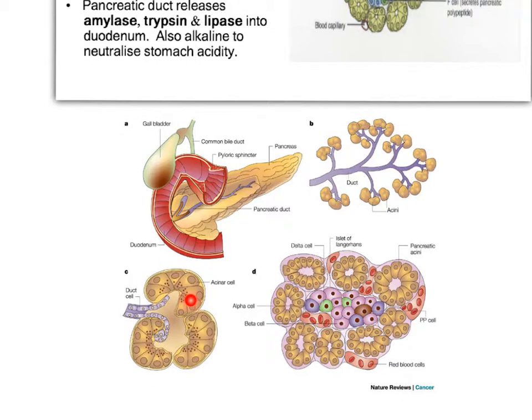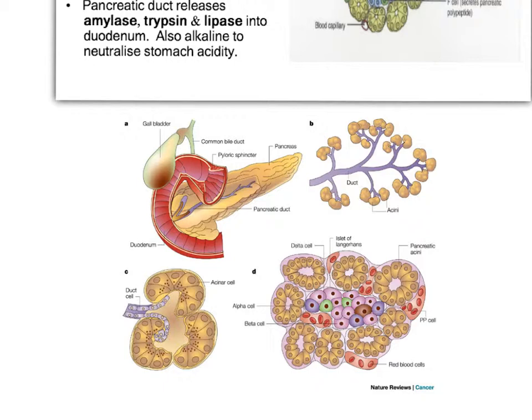They produce proteins, enzymes, etc., which they release into this region here, which then gets funneled into the pancreatic ducts, and then moves down through the pancreatic ducts, eventually into the small intestine. And that forms the exocrine part of what the pancreas does.